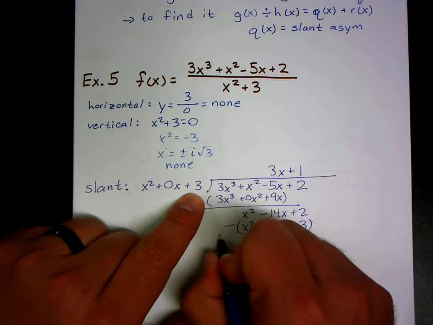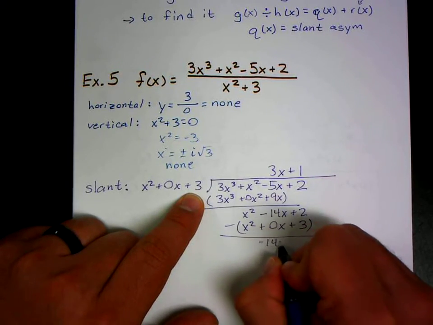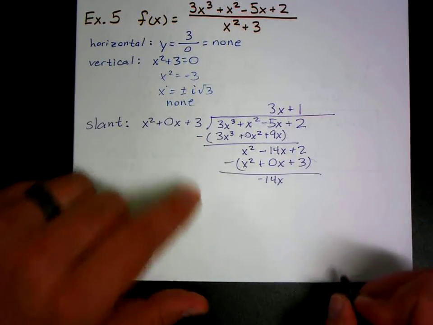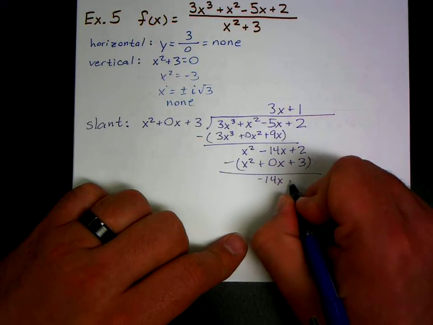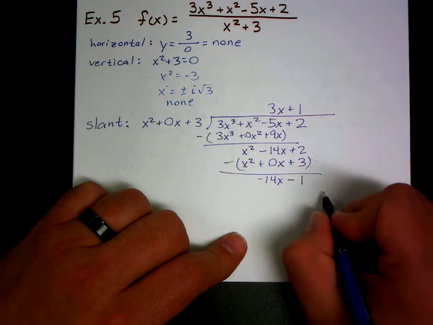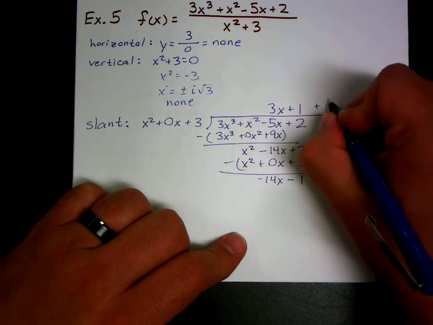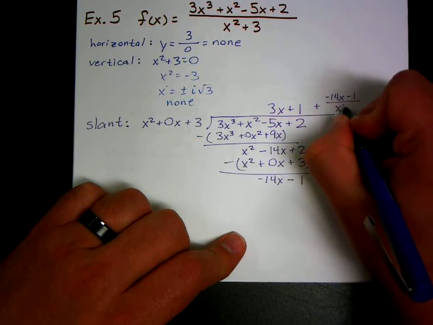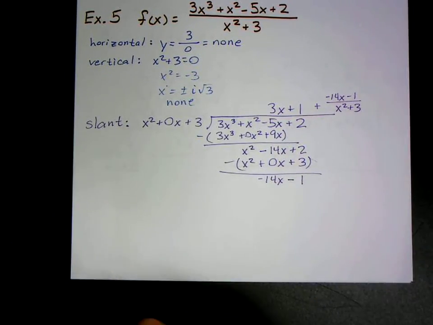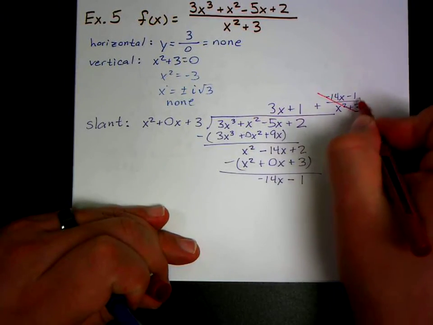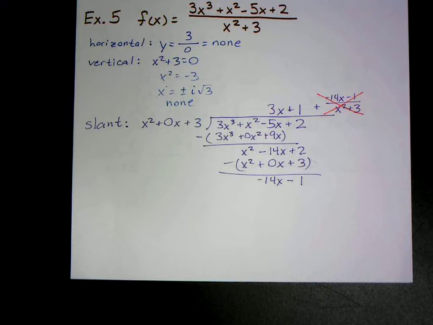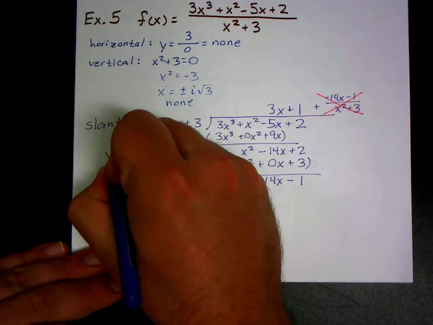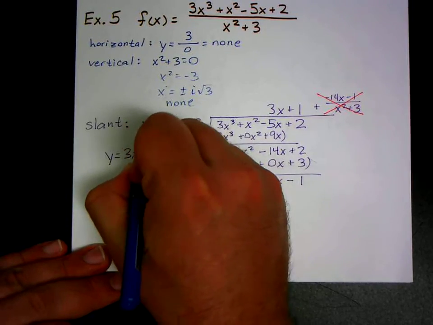Subtract that. So negative 14x minus 1. And then my remainder would be negative 14x minus 1 over x squared plus 3. So what we do is we throw away your remainder. So my slant asymptote is y equals 3x plus 1.